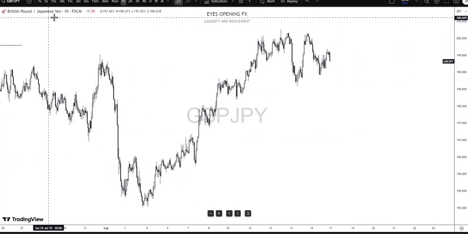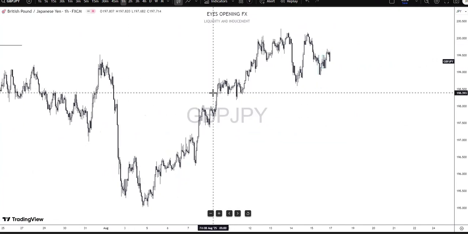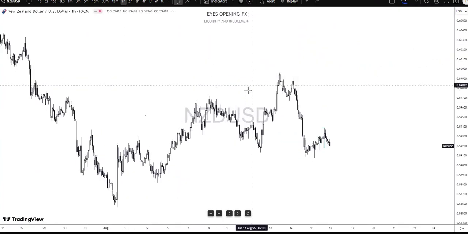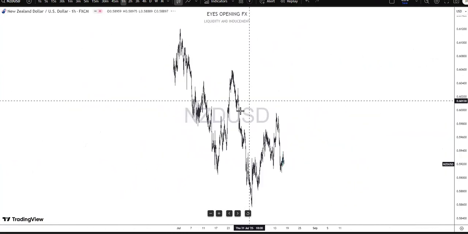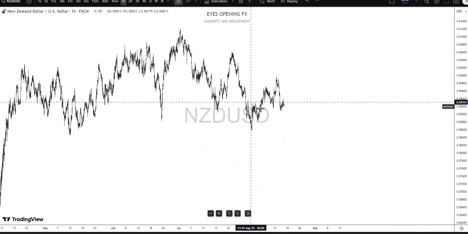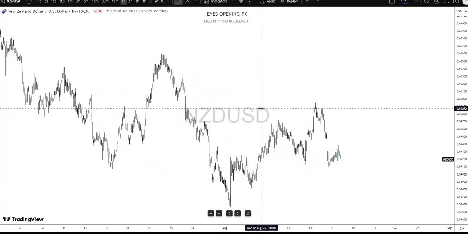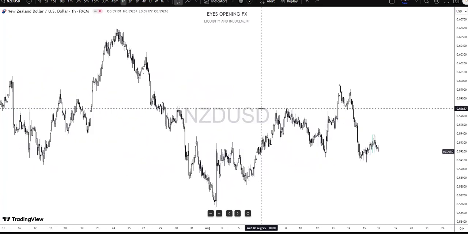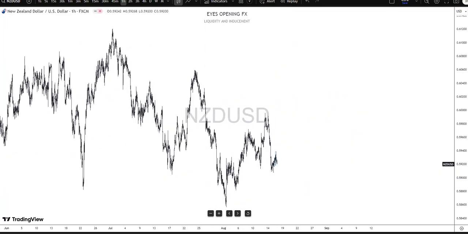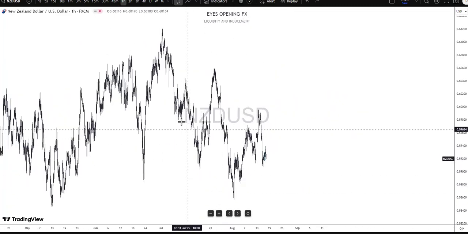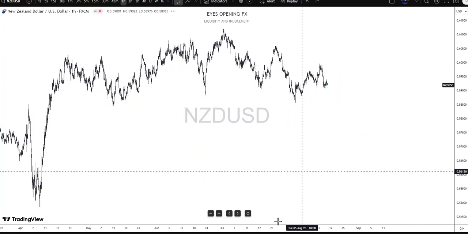And we also have USD, but I won't give my outlook on this at the current moment. So we have New Zealand, and on this New Zealand we can clearly see market is currently on the bearish side, but with the current weakness on USD, we can now expect some long-term consolidation within this level.